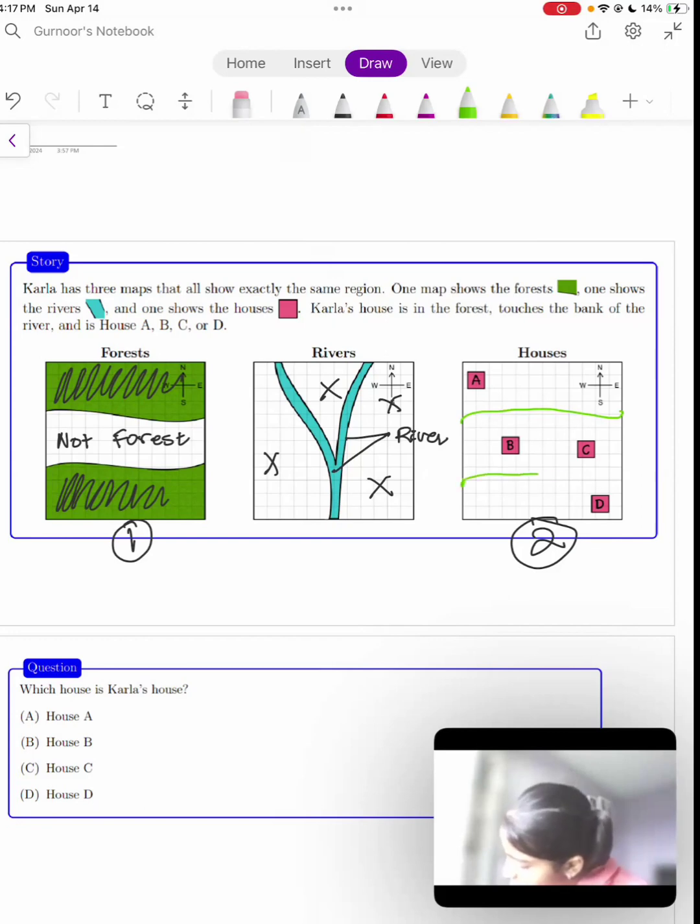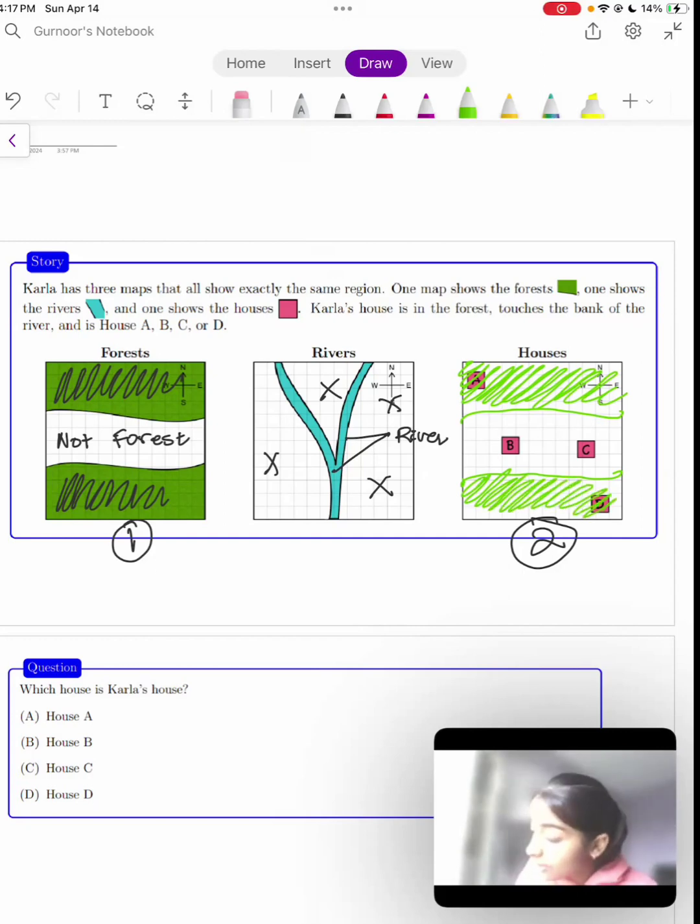We have this region with forest and this region with forest. And Carla's house is in the forest. Here we have houses B and C that are not in the forest, so we can cross these options out. So now we're left with A and D.